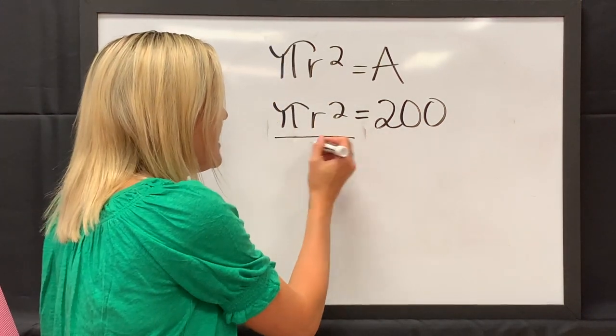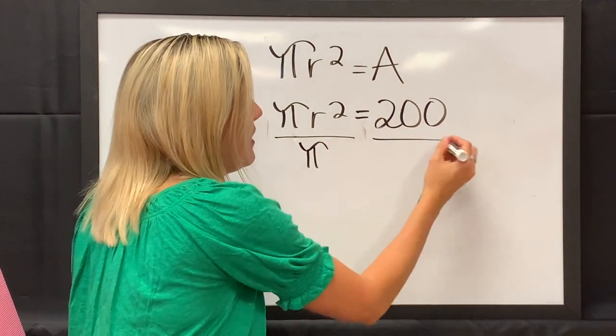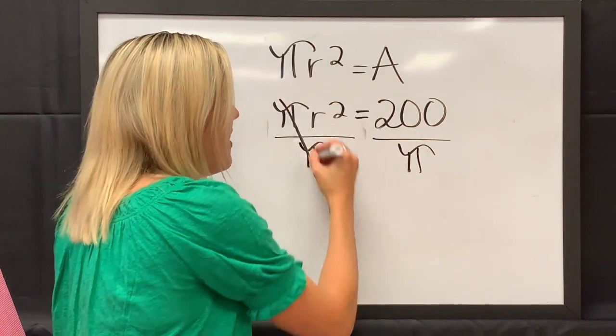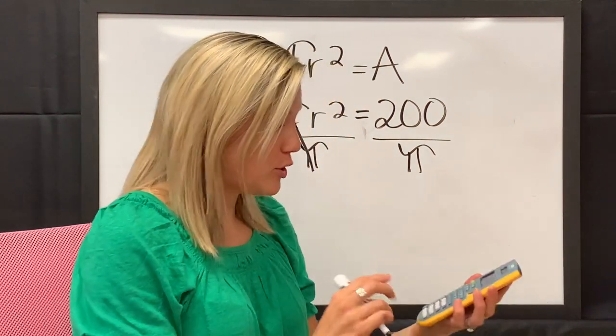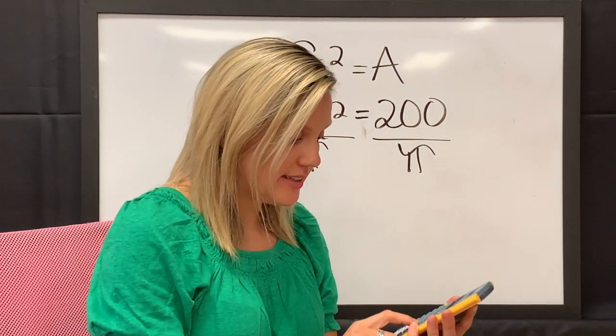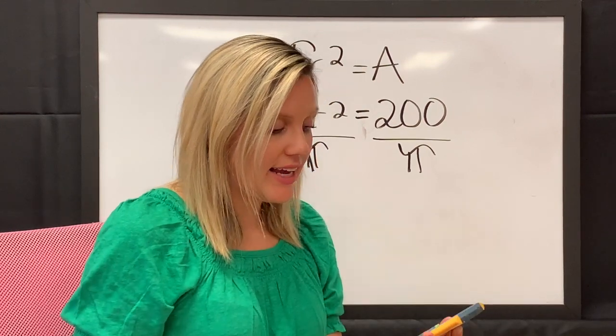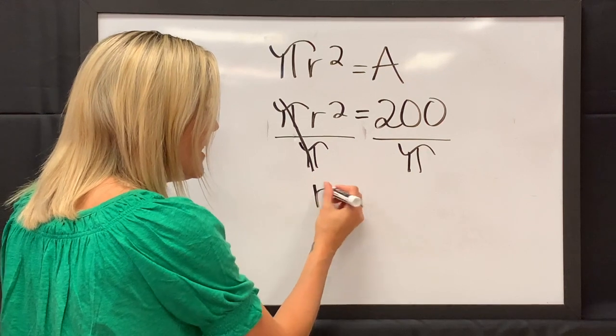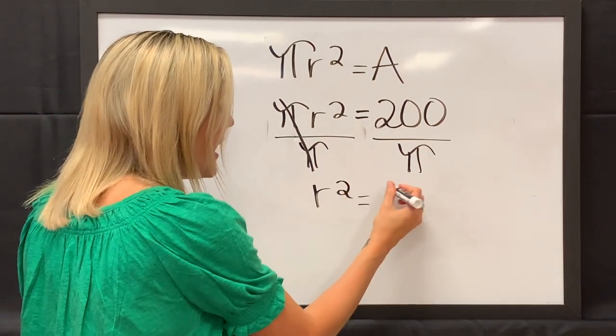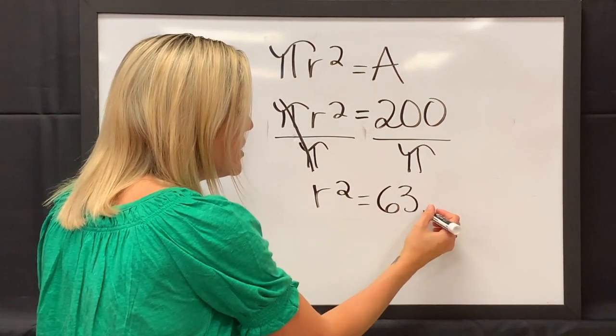So the first thing I'm going to do is undo that multiplying by pi by dividing by pi, okay? So we're going to take this, divide by pi, and then we will have what radius squared equals. So I'm going to take 200, divide it by pi, and I get 63.7. So a radius times itself has to equal 63.7.